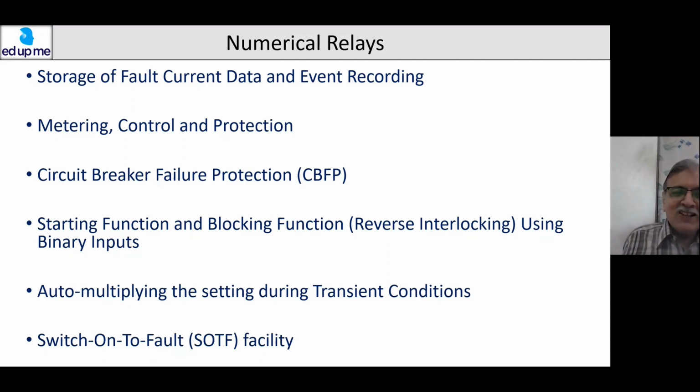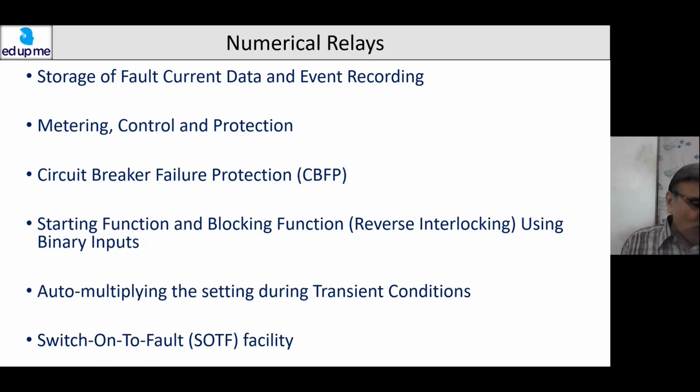And when the normal condition is resumed, when the normal current of the transformer or motor is resumed, that multiplication is withdrawn, and the setting resumes to its normal value, right? This auto multiplication facility is available in the modern relays.